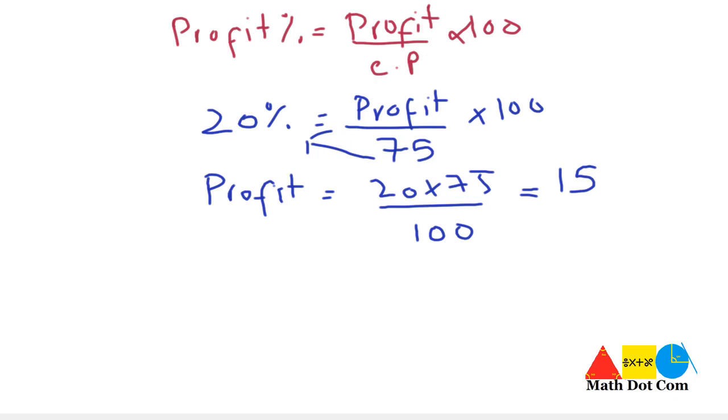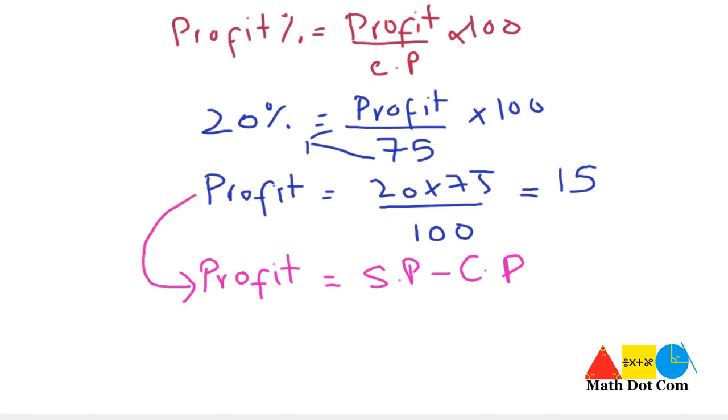Okay, we will put the value of profit in the formula: profit is equal to sale price minus cost price. We will put the values here. This value will be here, and the cost price is already known, and we just have to find the sale price.